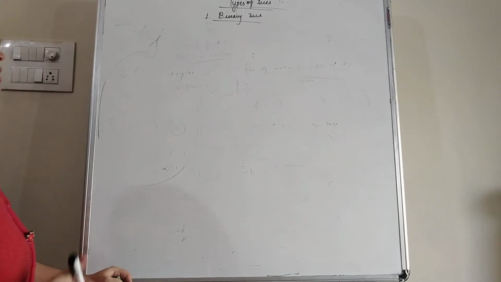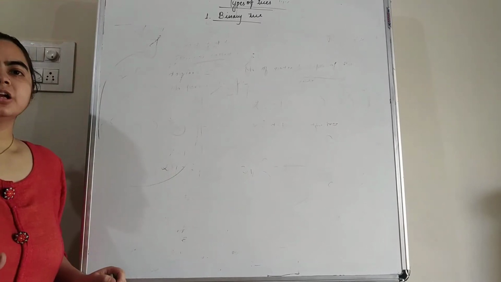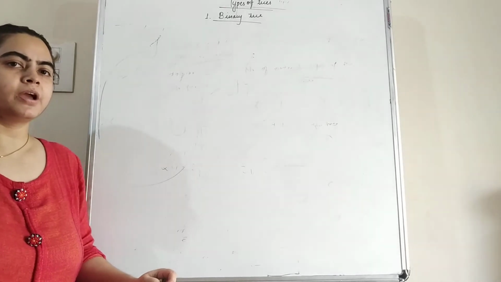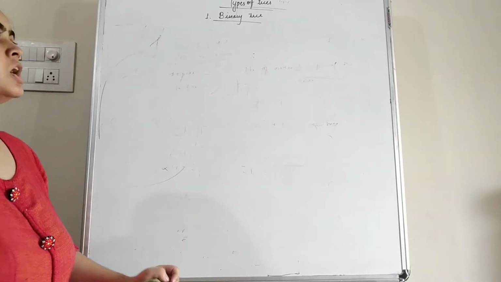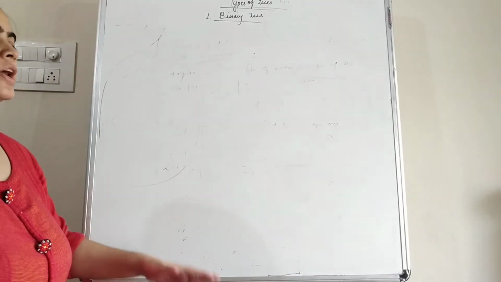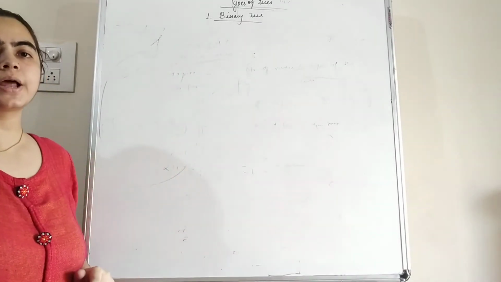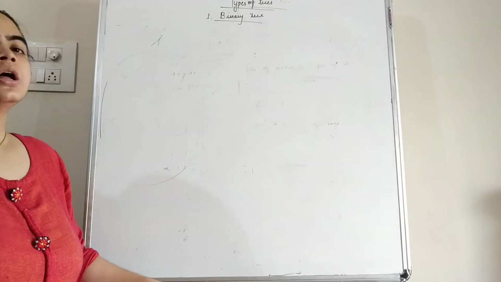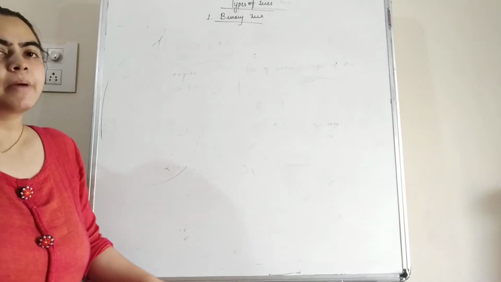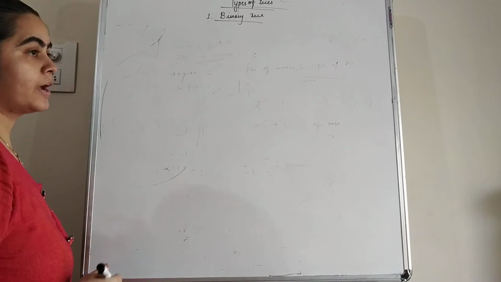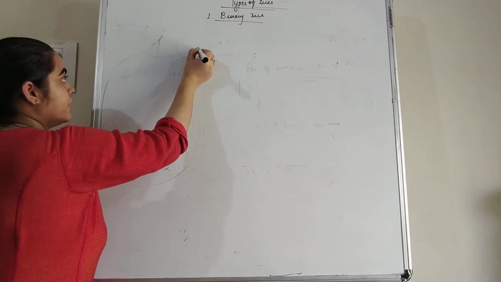Binary tree. A binary tree is a type of tree in which the maximum degree is 2, meaning there is no parent with more than 2 children. If a parent has more than 2 children, that tree is not known as a binary tree, because in a binary tree the maximum degree is 2. Now students, a binary tree node is divided into 3 parts.